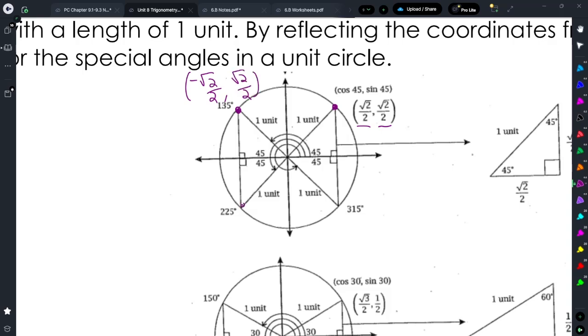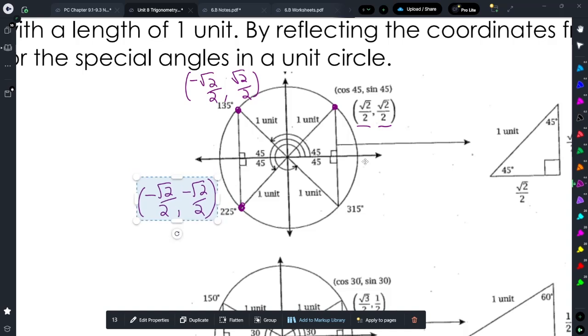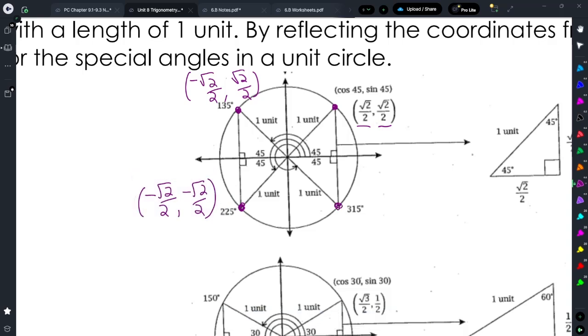And if I reflect that down here in quadrant 3, x and y are negative, so both coordinates are going to be negative. And if I reflect that in quadrant 4, the x values are positive and the y values are negative.